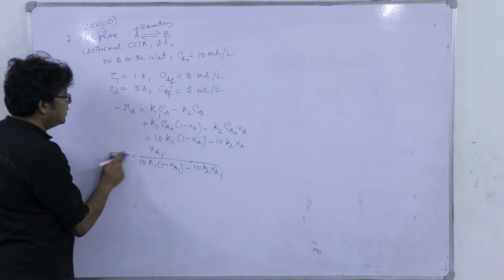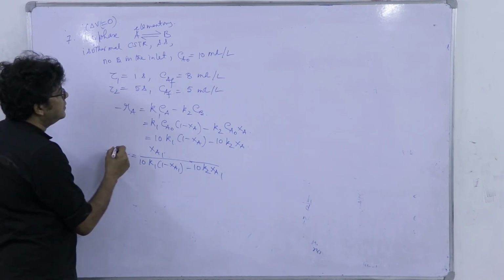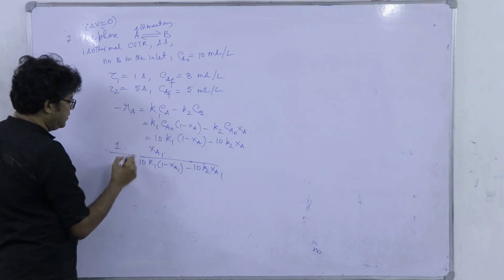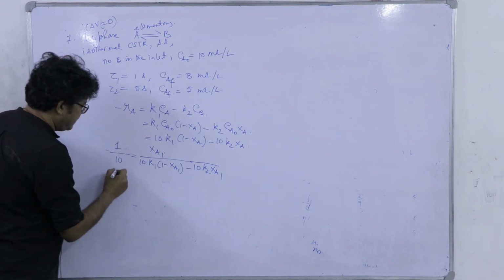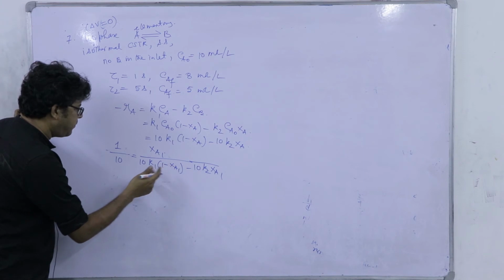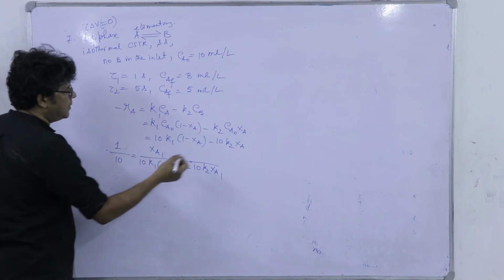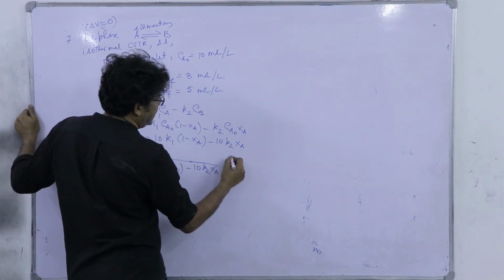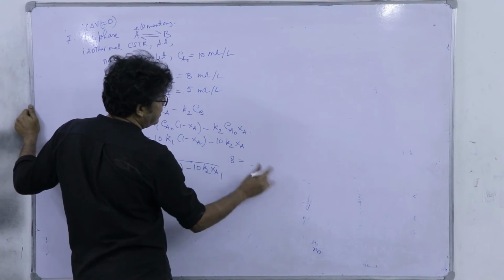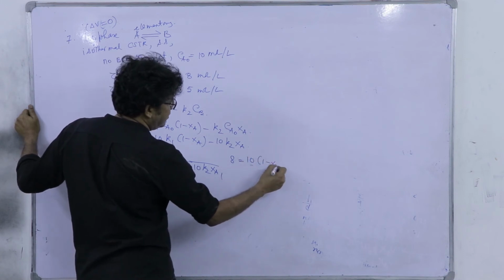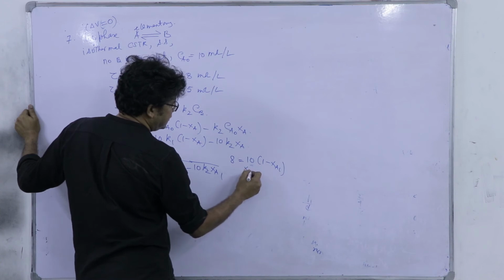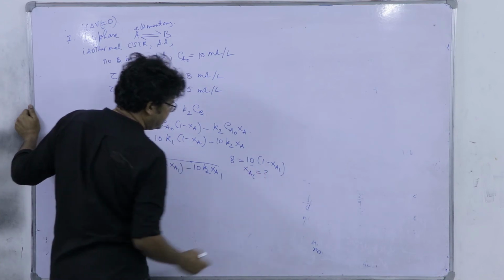And tau 1 is 1 second, right? So, XA1, we can calculate: 8 is equal to 10 into 1 minus XA1.